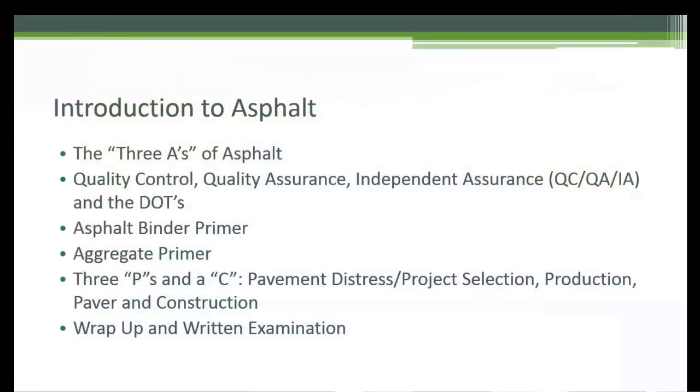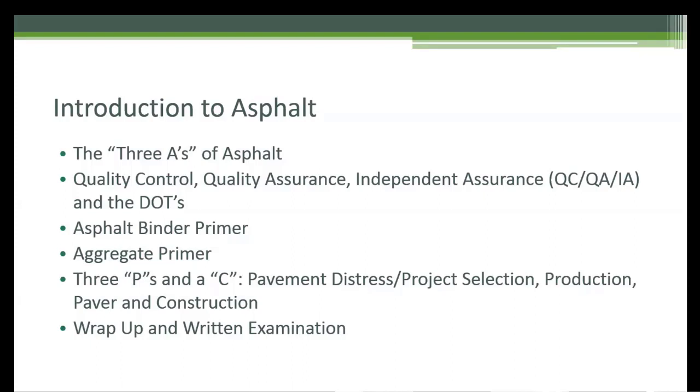So as we get into it, kind of the layout of these 4 modules that we're going to run through today, we're going to start off with the 3 A's of asphalt. Asphalt's got a lot of slang and different terms: blacktop, mix, hot mix, and we'll talk about the asphalt mixture itself and kind of break it down into the 3 A's that come together to make a good asphalt mix.